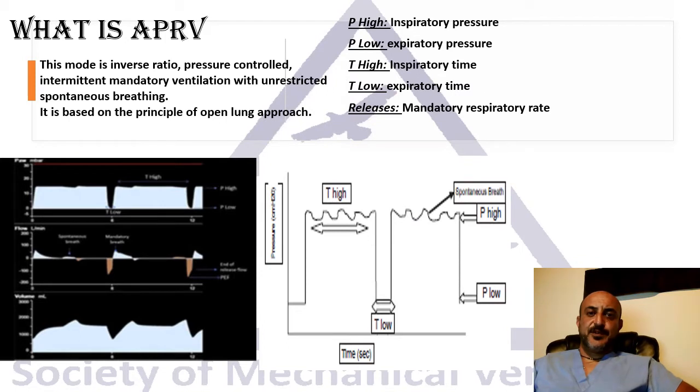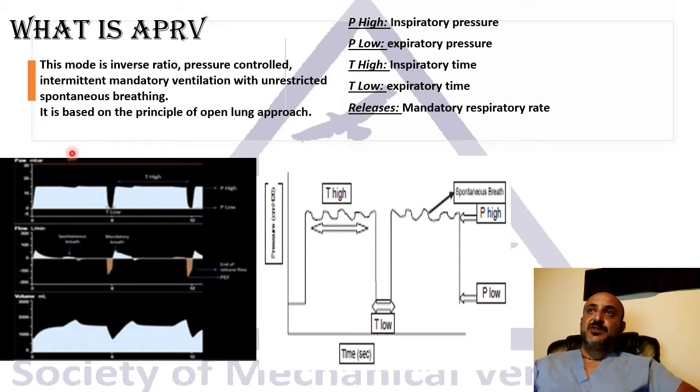So what is APRV? Simply put, APRV is a pressure-controlled, inverse ratio mode, as you can see in the figures here, with a very long inspiratory phase and a very short expiratory phase. We'll talk about the lingo of APRV.